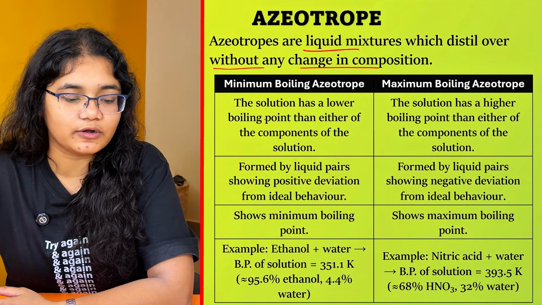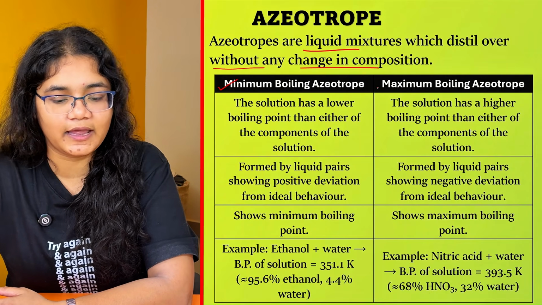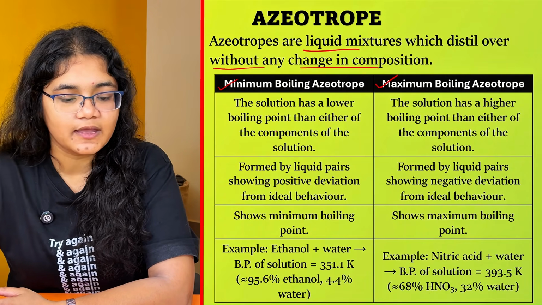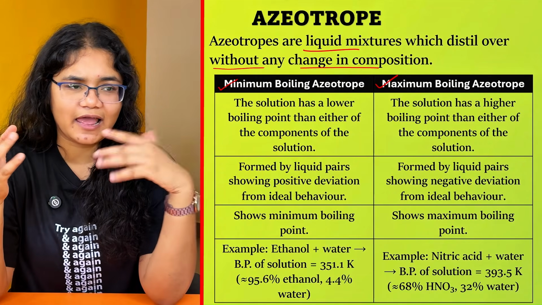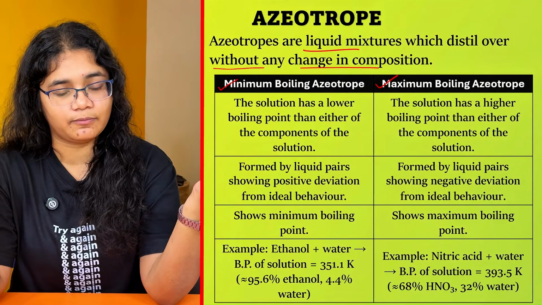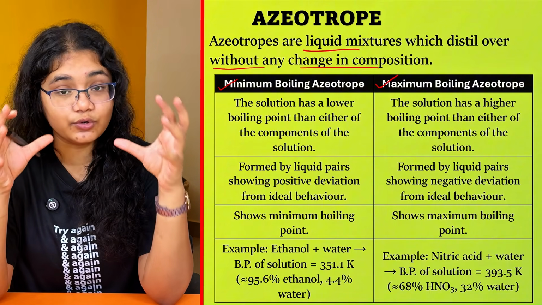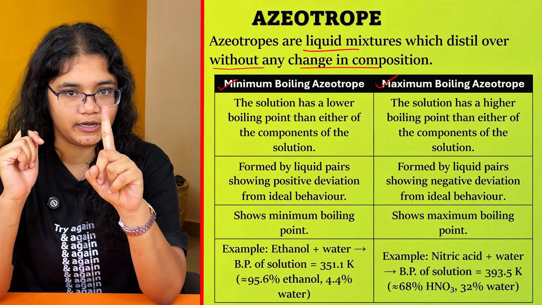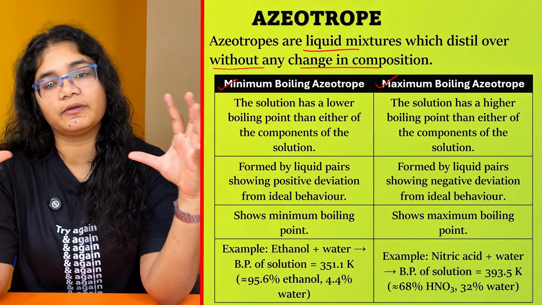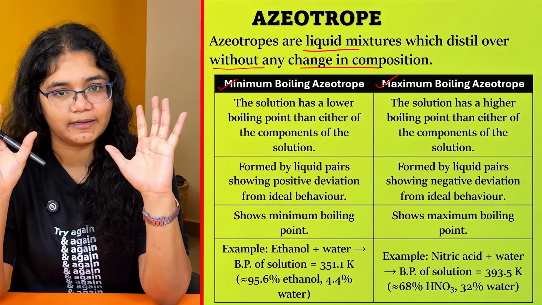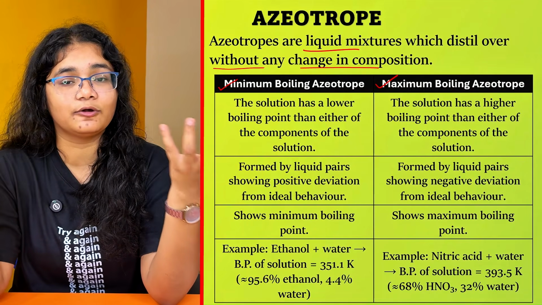Now let's understand what is minimum boiling azeotrope and maximum boiling azeotrope. You have mixed A and B. A will have a separate boiling point, B will have a separate boiling point. But when you mix them in azeotropic mixtures, they have a single boiling point, both A and B. That is the speciality about these mixtures.